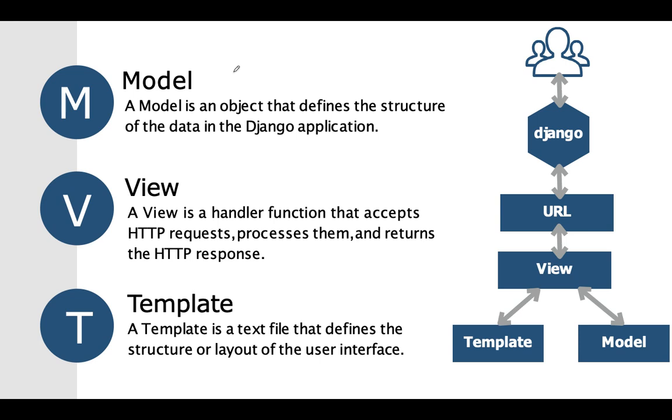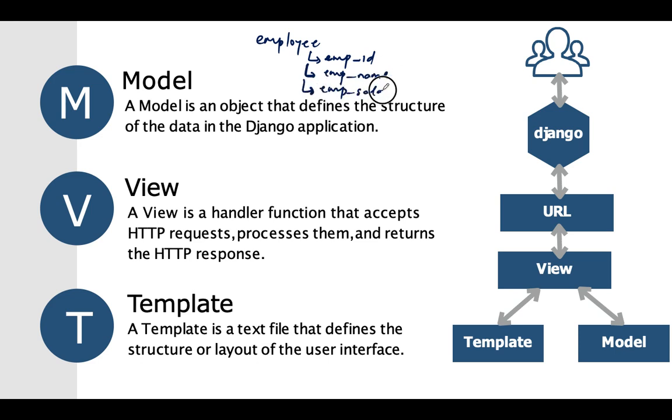Now let us try to understand what a model is. A model is the structure of your data. Let's say we want to create an application for employee records. So your data should start with employee, and this employee must have certain fields. Let us consider we have a field called employee ID, then employee name and employee salary.